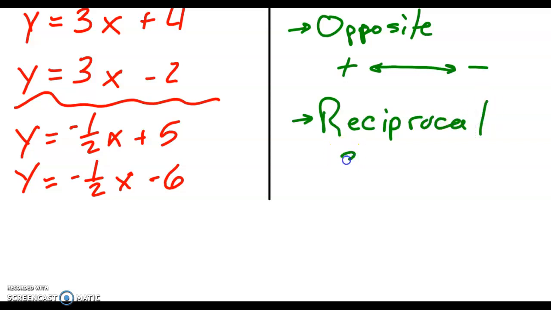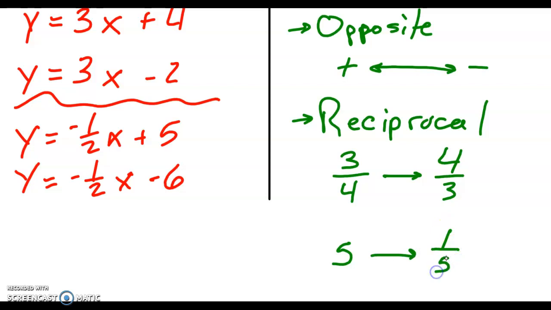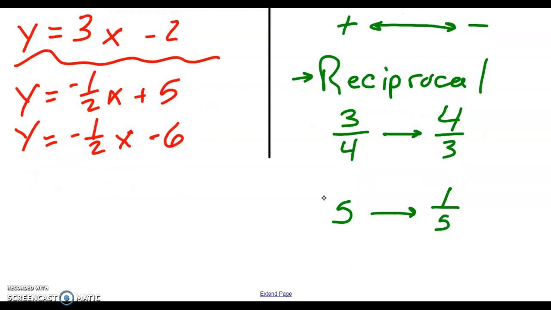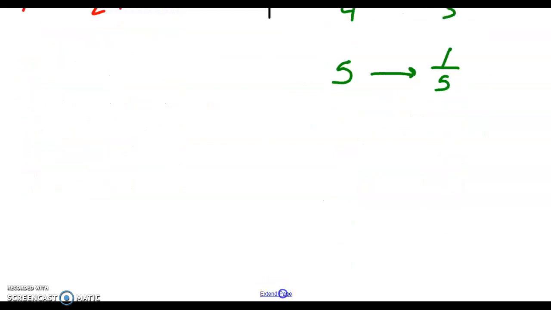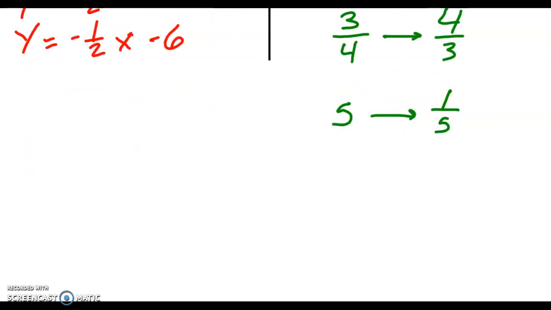For example, for 3/4, the reciprocal, you just flip the fraction, would be 4/3. Whole numbers we end up with a lot of problems with. If you have a number like 5, its reciprocal is going to be 1/5 because whole numbers are technically like 5/1.